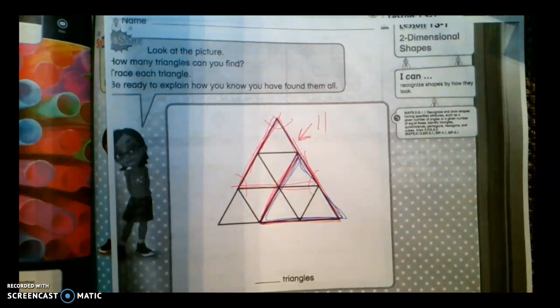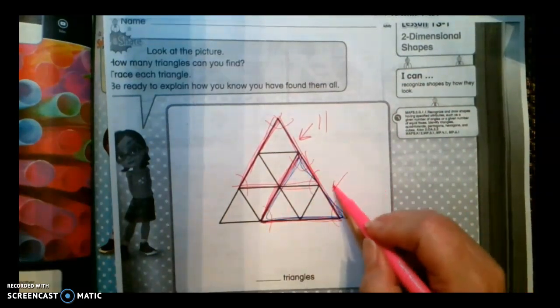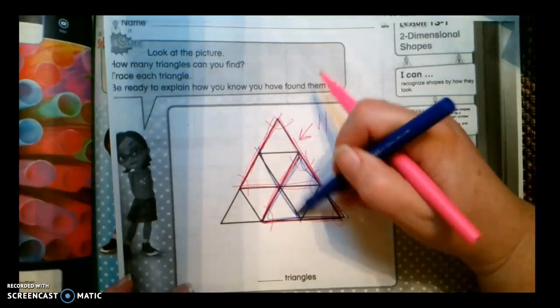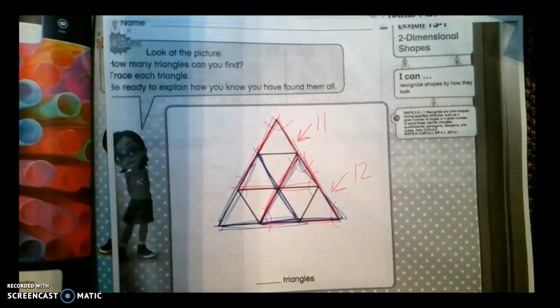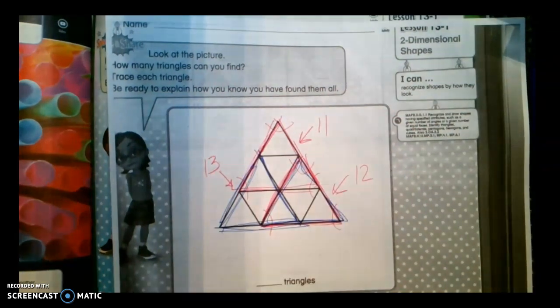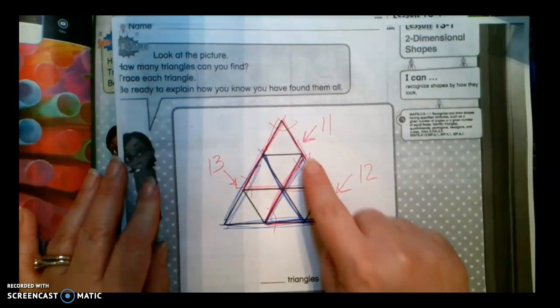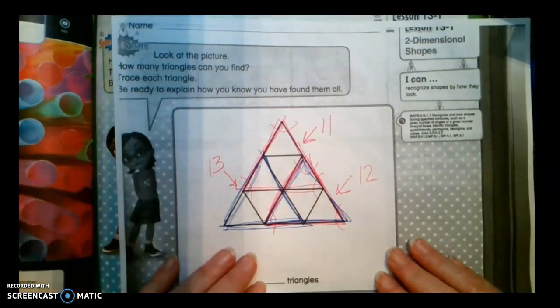We have 3 sides, 1, 2, 3, and 1, 2, 3 vertices. So that's triangle number 12. And if we look again, 1, 2, 3. There's 3 sides there. So I actually have 13 triangles being shown in this one shape. And I identified the triangles based on the sides and the vertices.